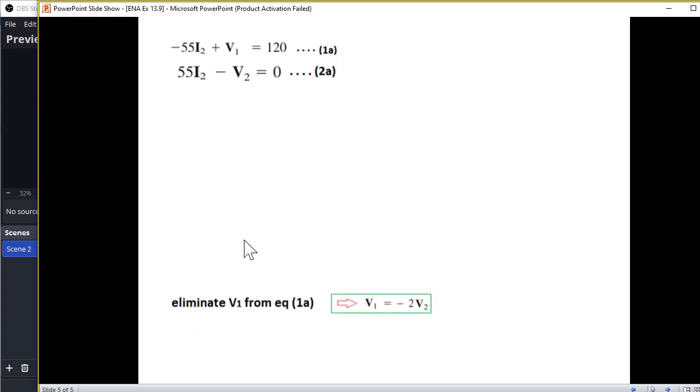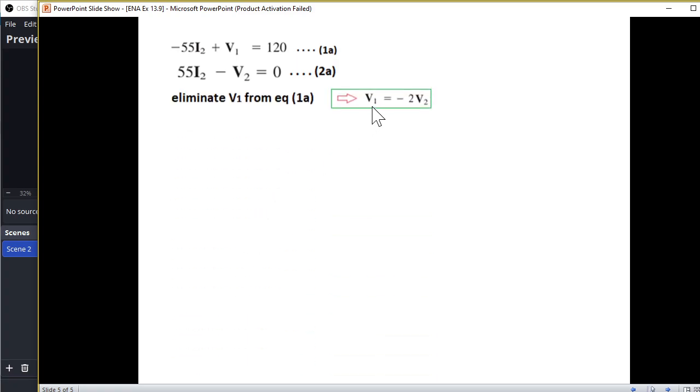These were the two relations. Putting V1 equal to minus 2V2 into equation 1a, this will become minus 2V2. And now if we add these two, 55 I2 minus 55 I2 cancels. And here we have minus 3V2 is equal to 120.